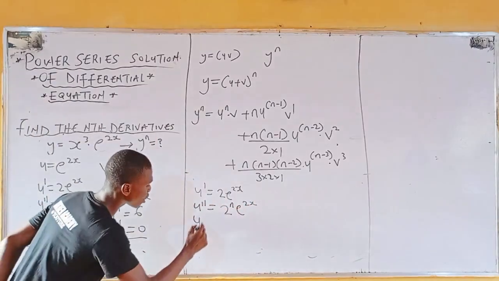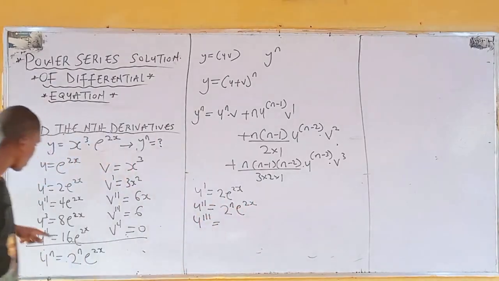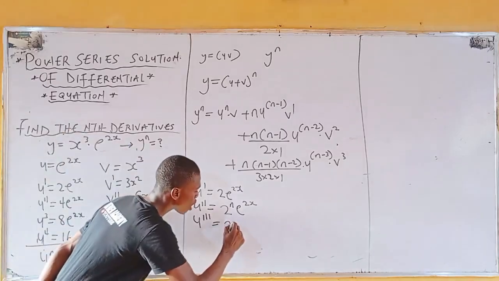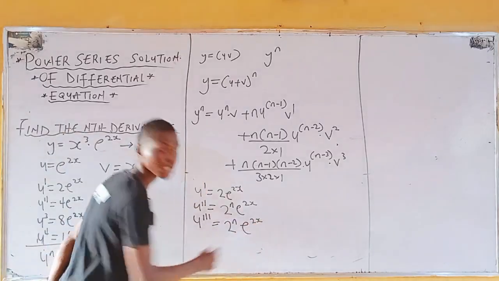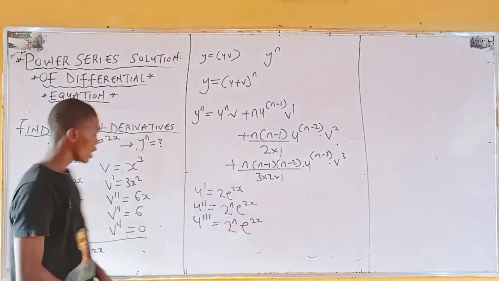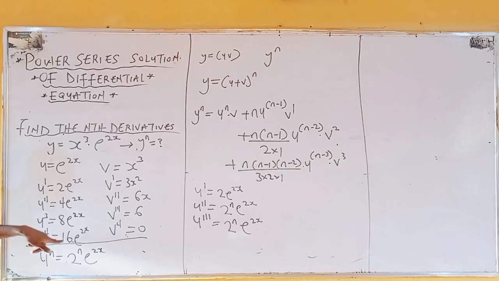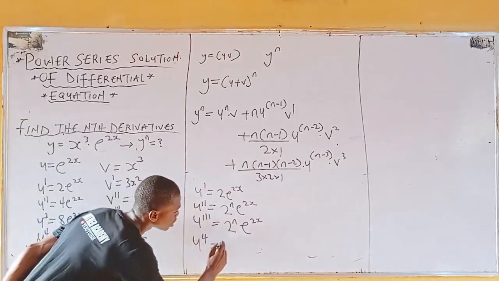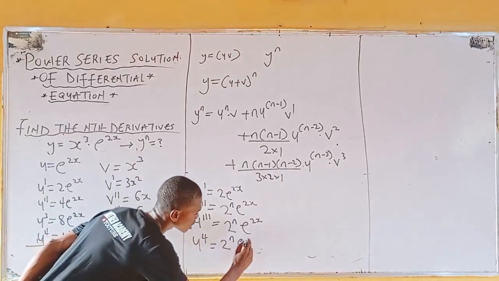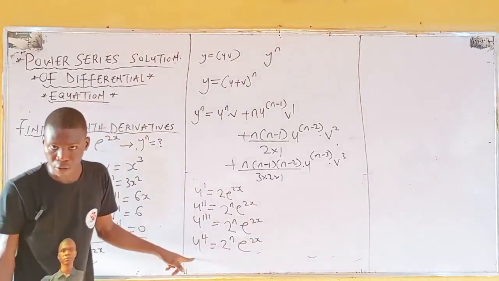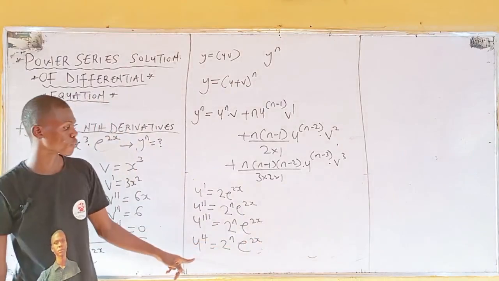Instead of writing the third derivative as 8 exponential 2x, I can write it as 2 raised to the power of n exponential 2x, where n is equal to what? 3. Instead of writing the fourth derivative as 16 exponential 2x, I can write it as 2 raised to the power of n exponential 2x, right? Where n is equal to 4.